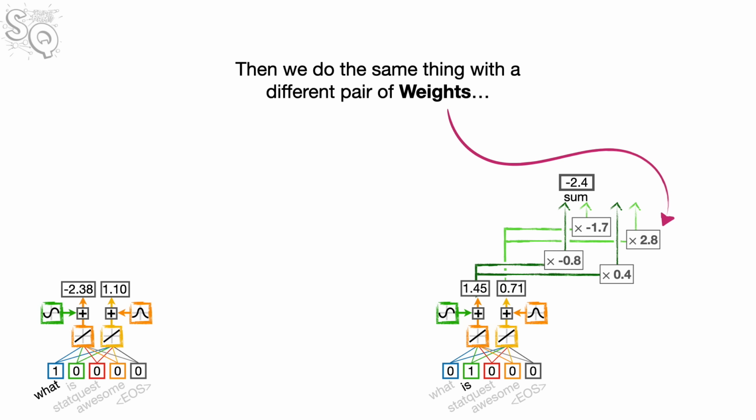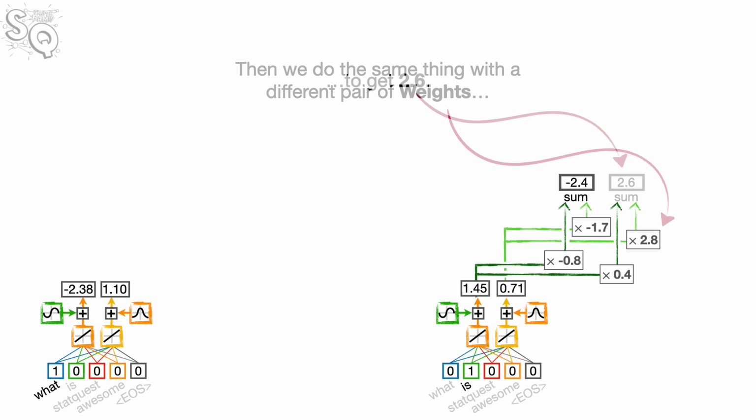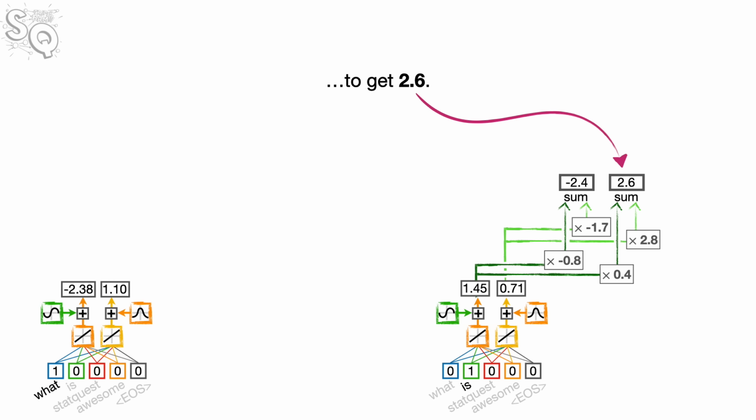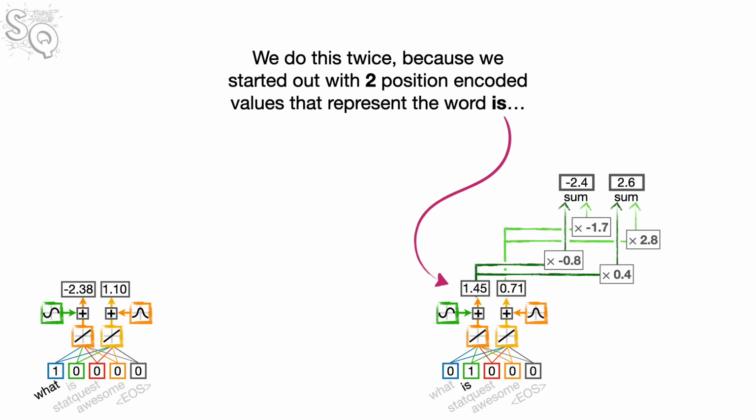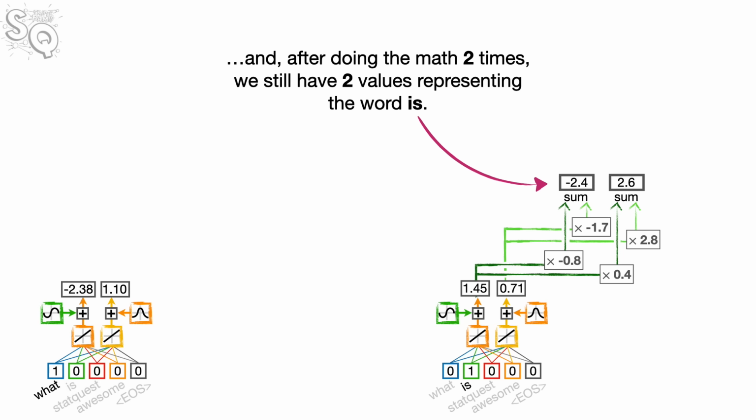Then we do the same thing with a different pair of weights to get 2.6. We do this twice because we started out with two position encoded values that represent the word is. And after doing the math 2 times, we still have two values representing the word is.